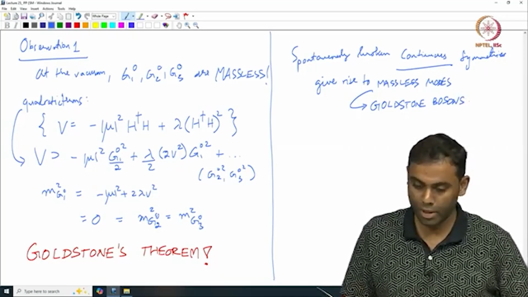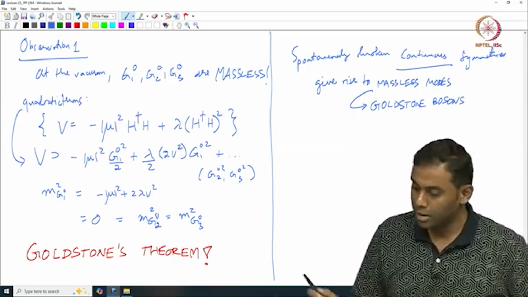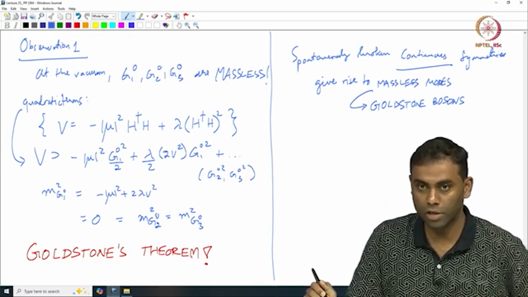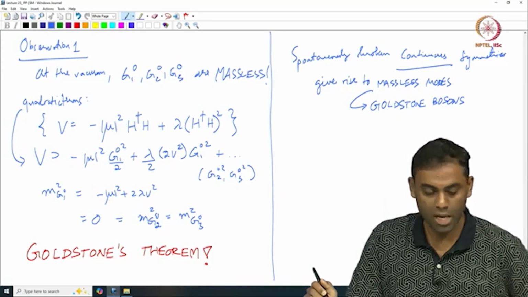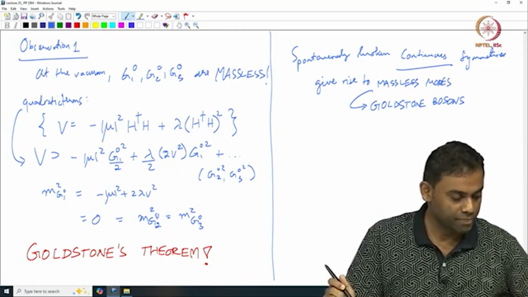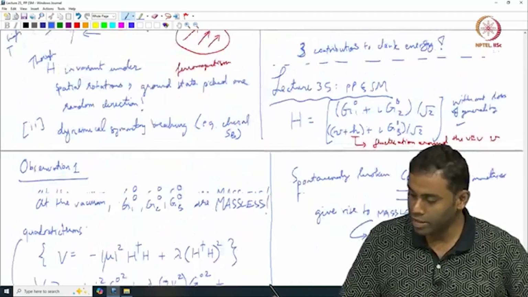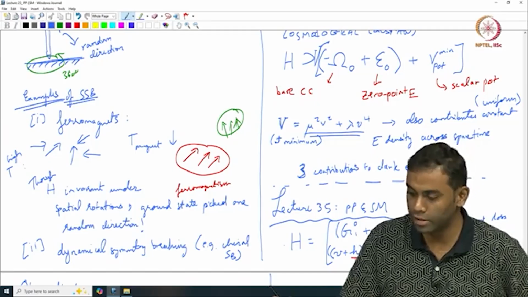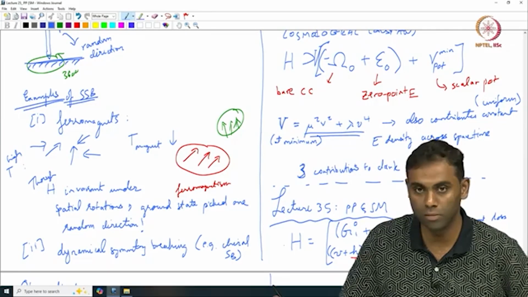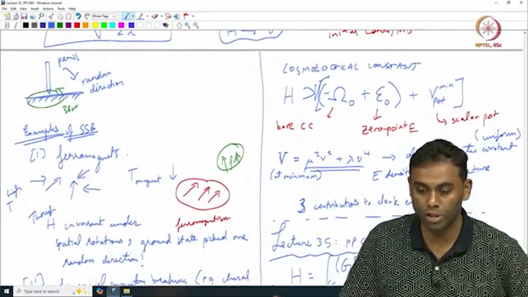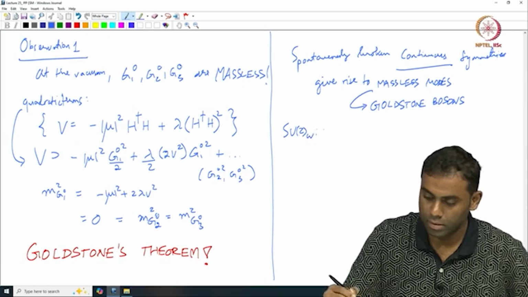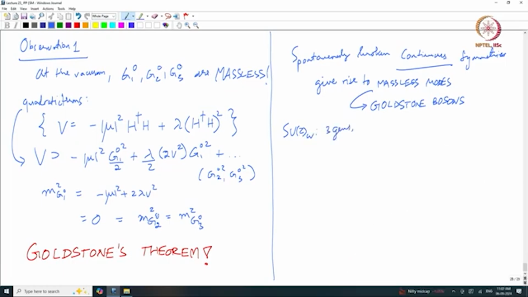Not only that, how many Goldstones are there? In this case, there are 3, right? And when we broke SU2 cross U1, how many generators did we actually remove? So how many generators does SU2 have? SU2 has 3 generators, right? What about U1 hypercharge?